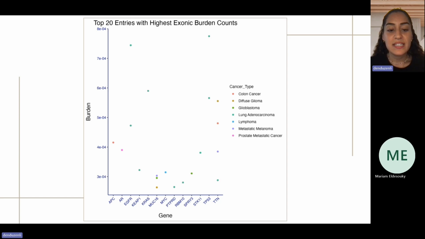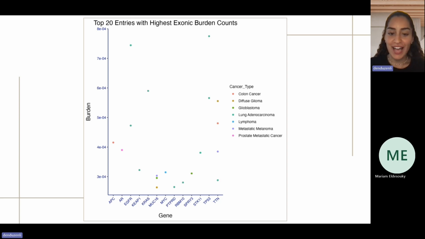And then we can see here, there's EGFR, KRAS, MUC16, TP53, and TTN. We can see that TP53 has the highest burden value, and then following close behind it is EGFR, and these are both found in lung adenocarcinoma.